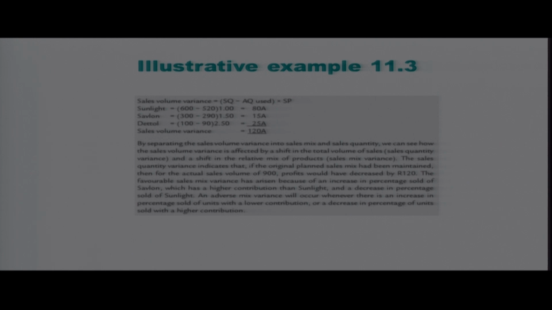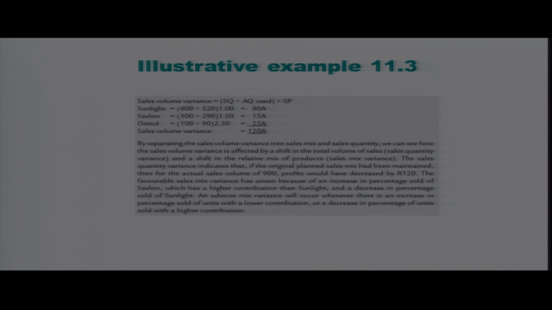So the sales volume variance will then say standard quantity minus actual quantity multiplied by the standard price. So for Sunlight, standard quantity or budgeted, it's 600. Actually, we sold 520 multiplied by the rate, which is 1 rand, will give us a variance of 80 rand. Savlon, standard, we budgeted 300.